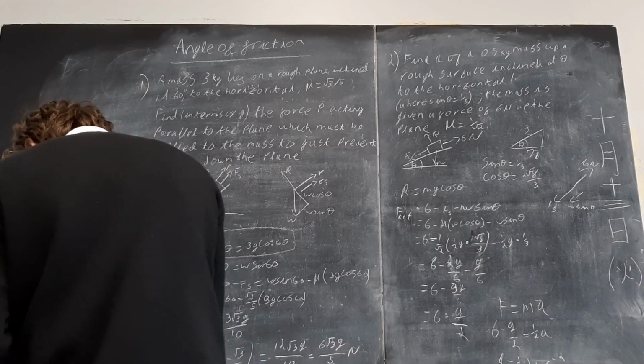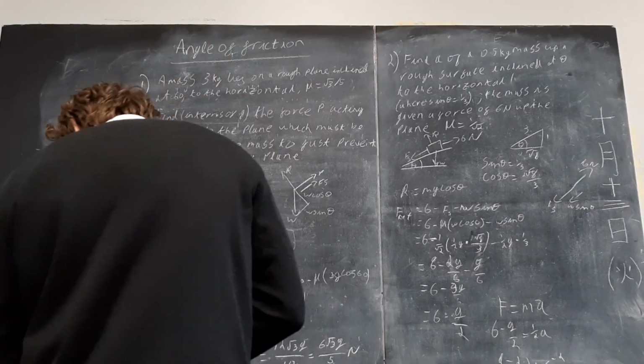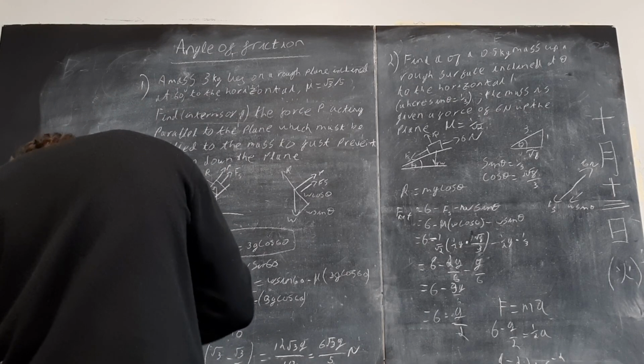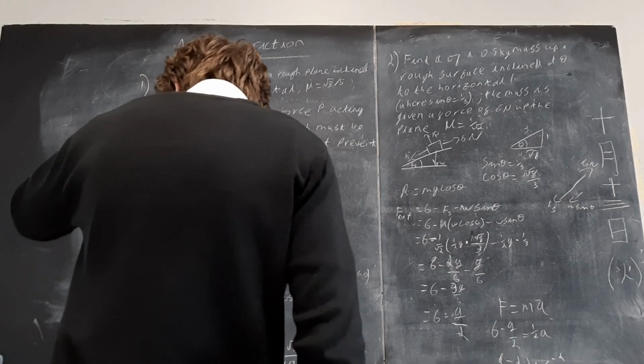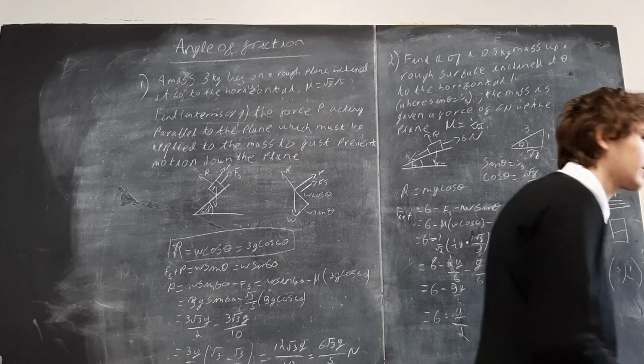We can do some more examples. What's the time? We should probably do some questions, and we can do some more examples next time. If you guys are struggling with the questions in the book, then I'll do the next examples.